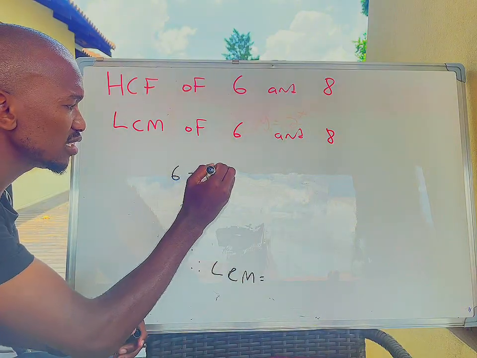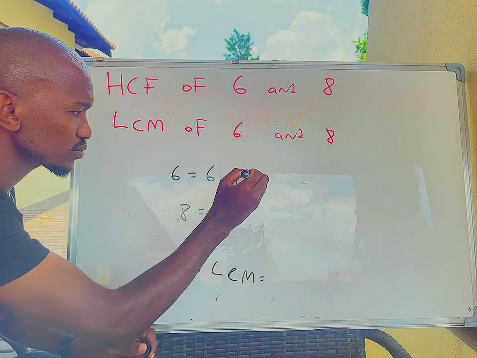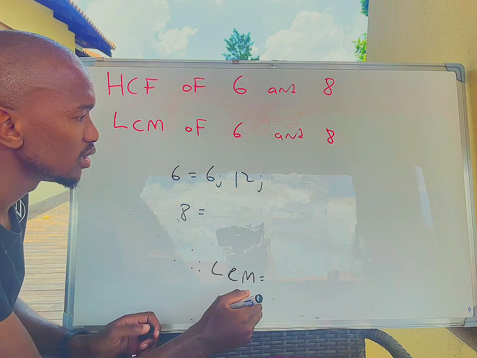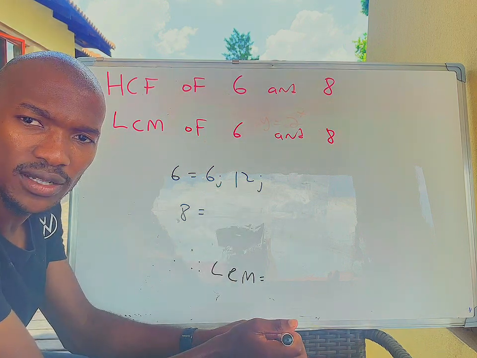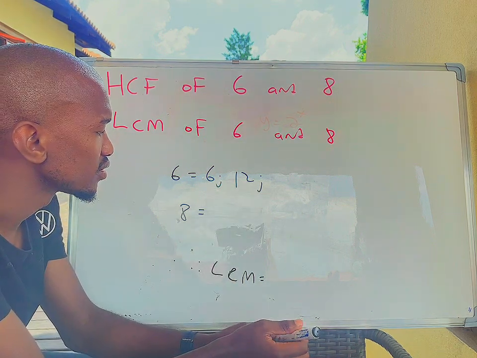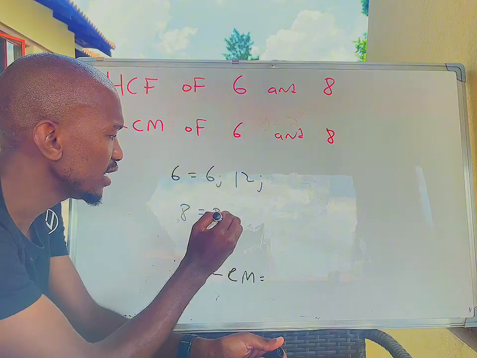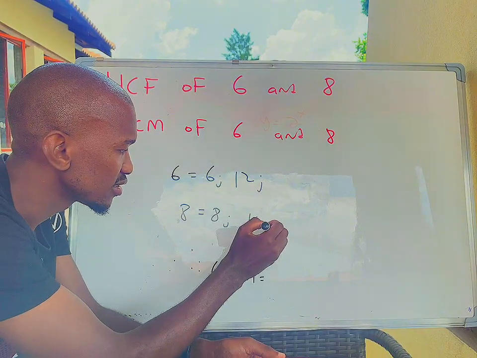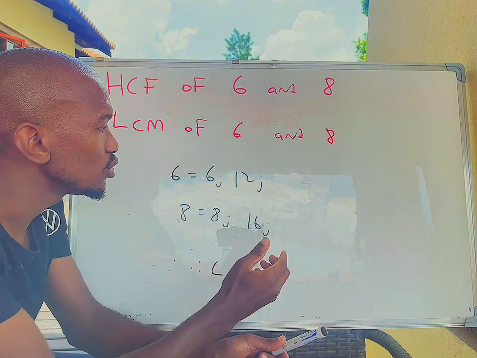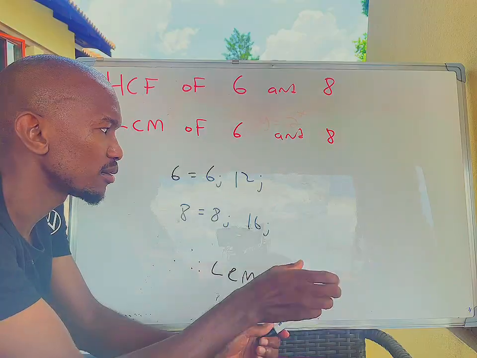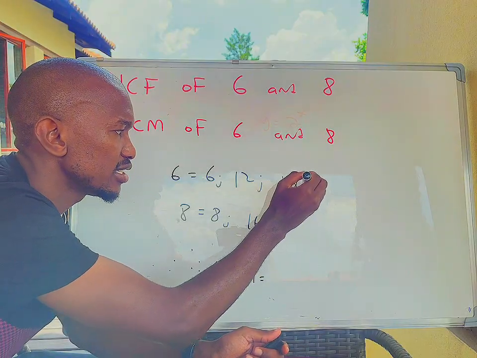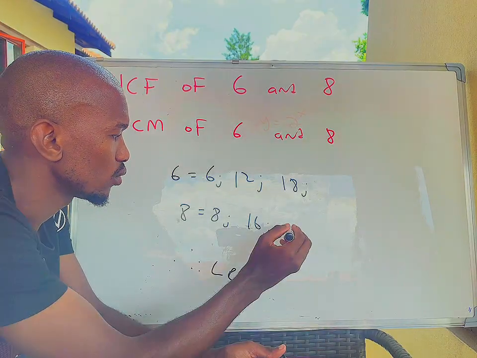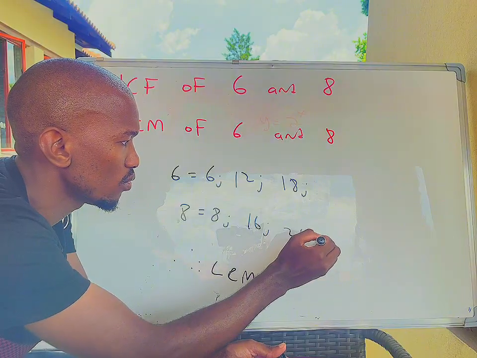So for 6, it's going to be 6. 6 plus 6 is 12, and then 12 plus 6, and so on. The same applies to 8. 8 plus 8 is 16. So you generate these numbers. Obviously, you're going to have your 18, and your 24.